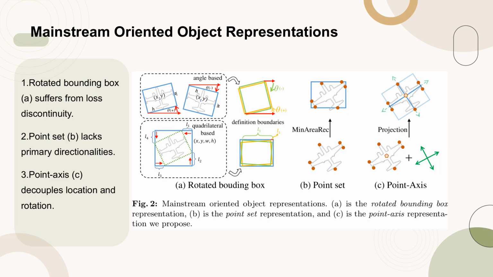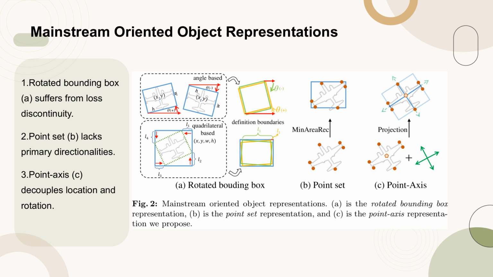Figure 2 illustrates the three main approaches to representing oriented objects. The first, A, uses a rotated bounding box, which faces issues with loss discontinuity due to abrupt changes in rotation. The second, B, employs a point set representation, which excels in capturing detailed locations but lacks orientation cues.